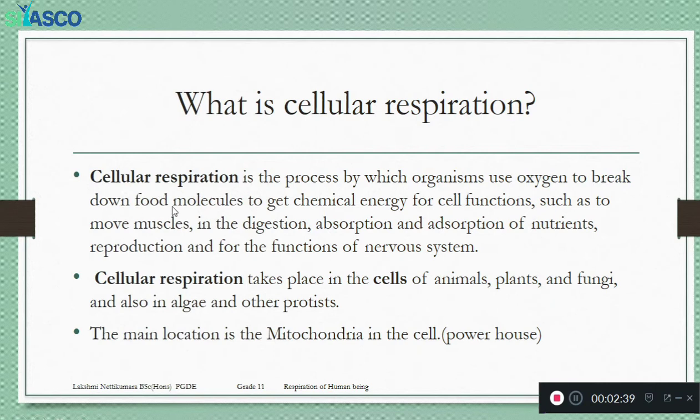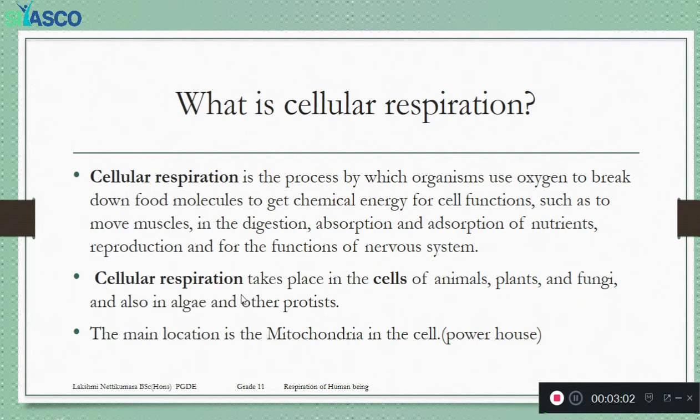What is this food? Glucose. So breaking down the bonds of glucose to get chemical energy is called cellular respiration. Why do we need this energy? To do a lot of functions in the body.